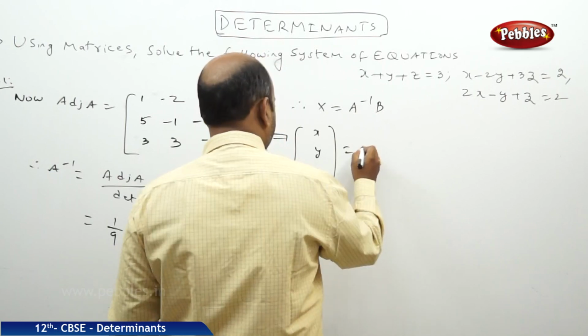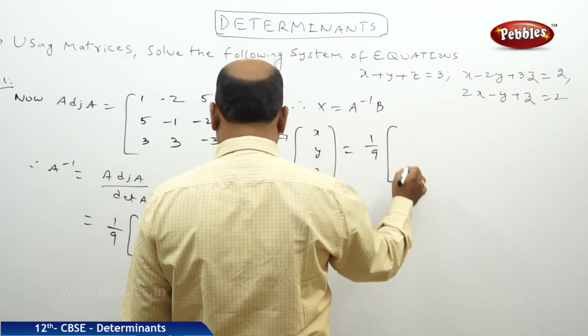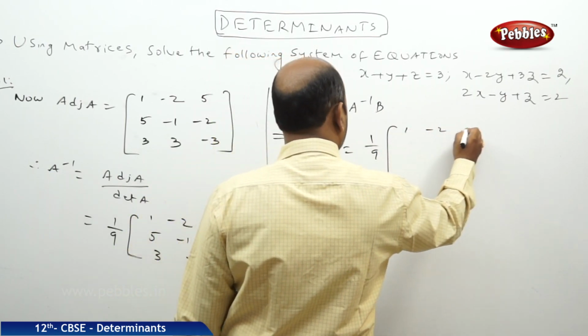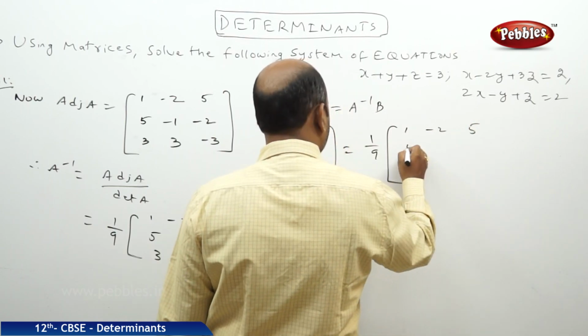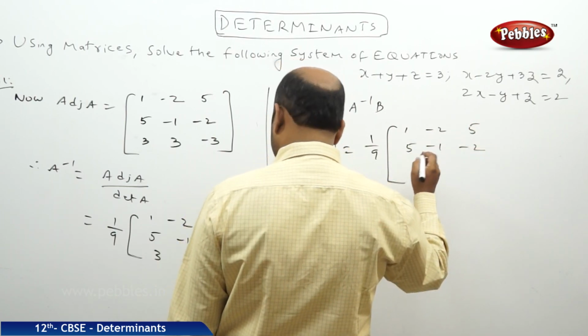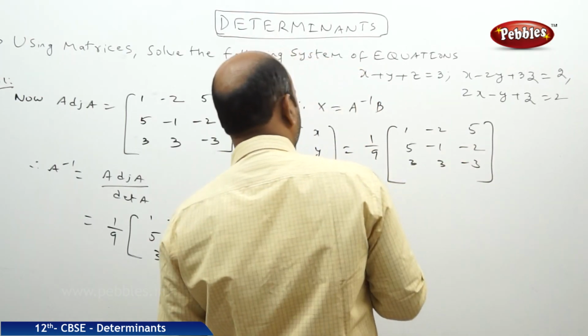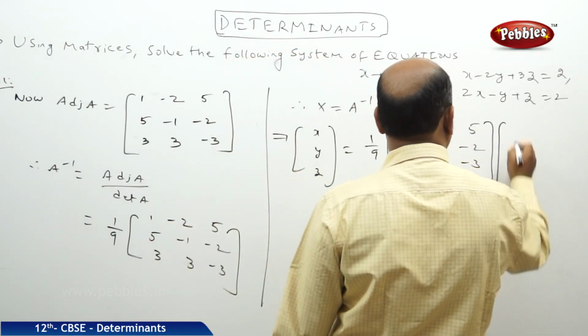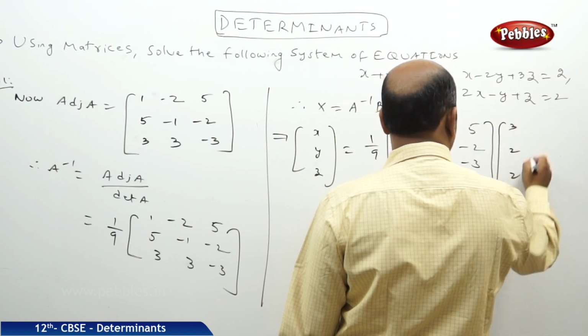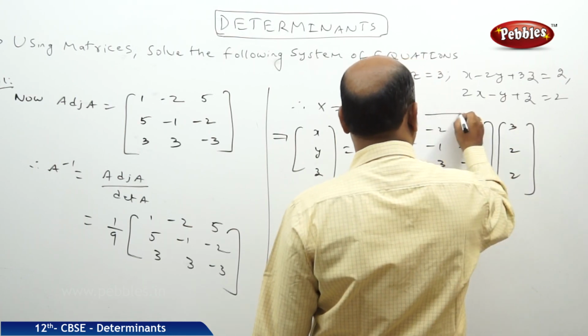A inverse means just now we obtained 1 by 9 into 1 minus 2 5, 5 minus 1 minus 2, 3 3 minus 3 into B. B means what happens here? 3 2 2.